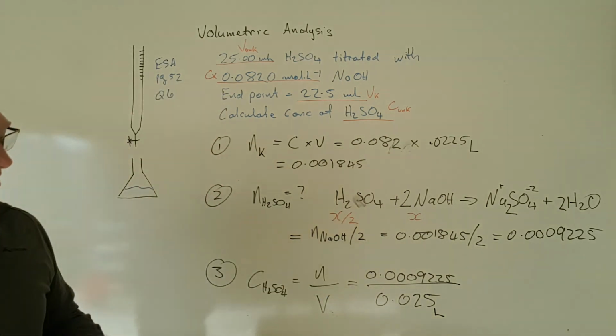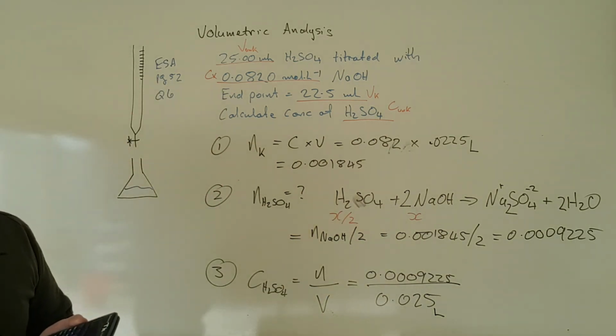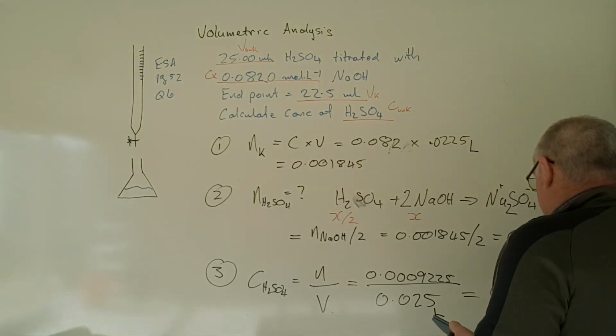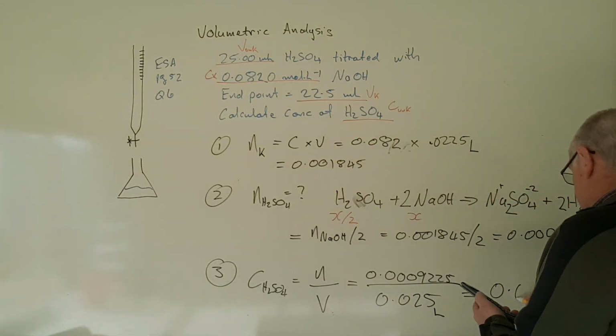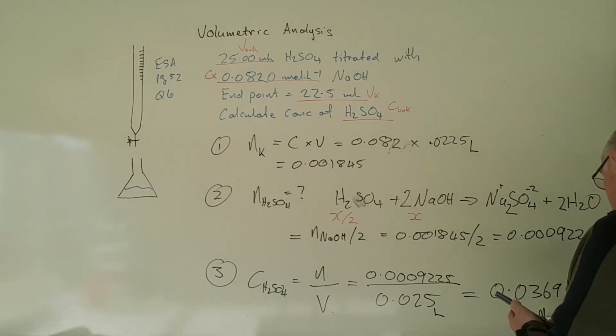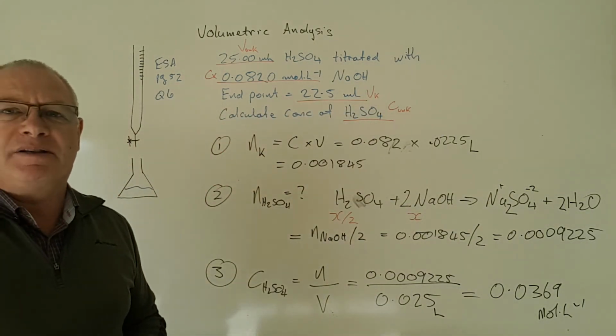So I've left this number on my screen. I divide that by 0.025, hit the equals button, and my answer is 0.0369 mole per litre. Easy peasy, lemon squeezy.